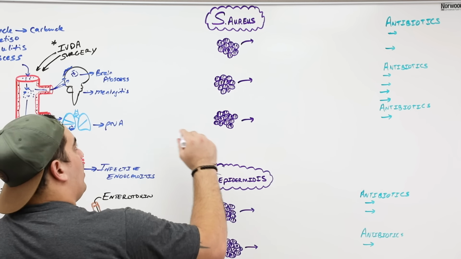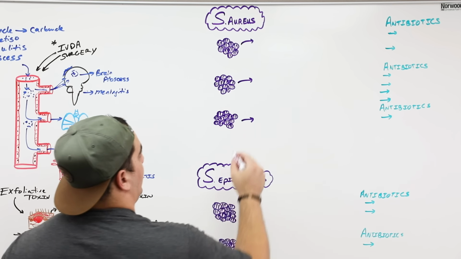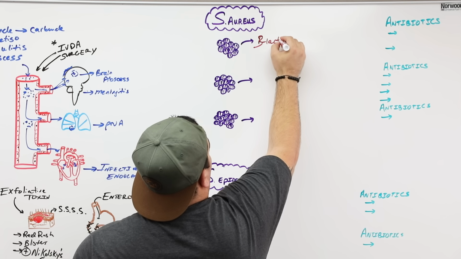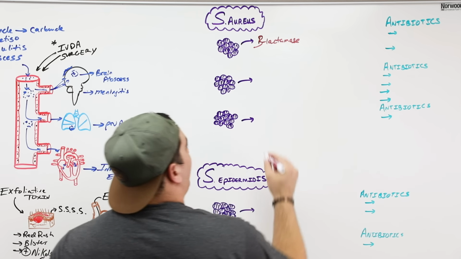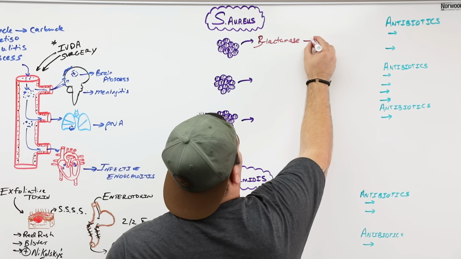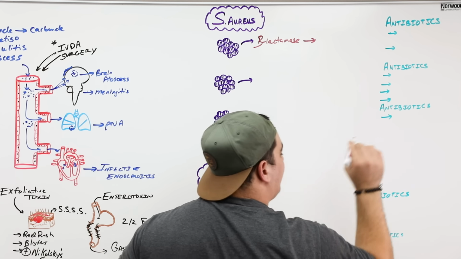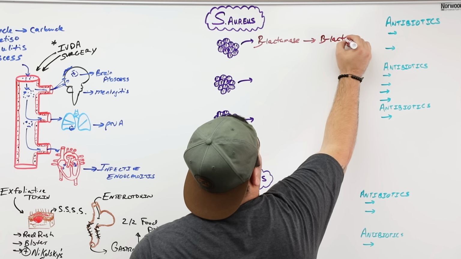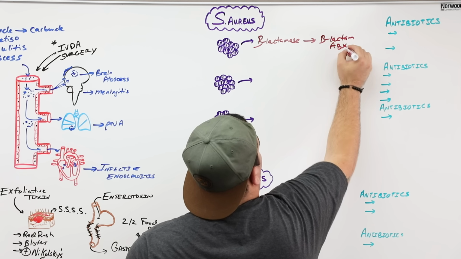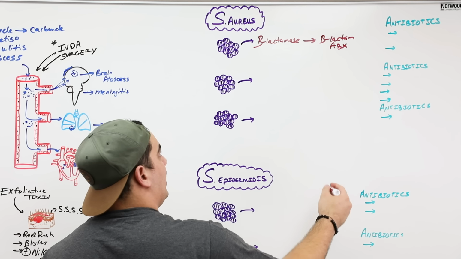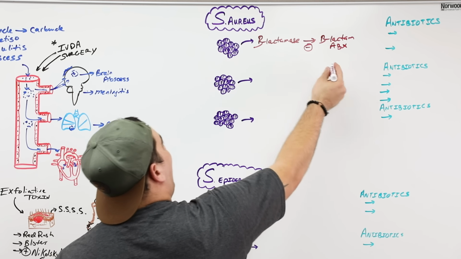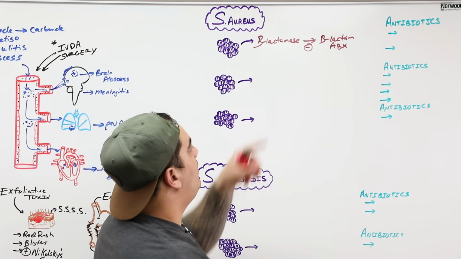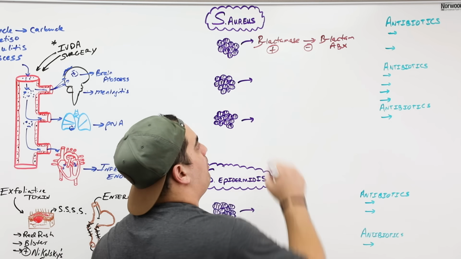All right, so the first one is, let's say that we have some Staphylococcus aureus here, and it has the ability to produce an enzyme called a beta-lactamase. So this beta-lactamase basically will inhibit any kind of beta-lactam antibiotics. There's only a couple antibiotics that still have some effect against this Staphylococcus aureus, even though they have this beta-lactamase presence.